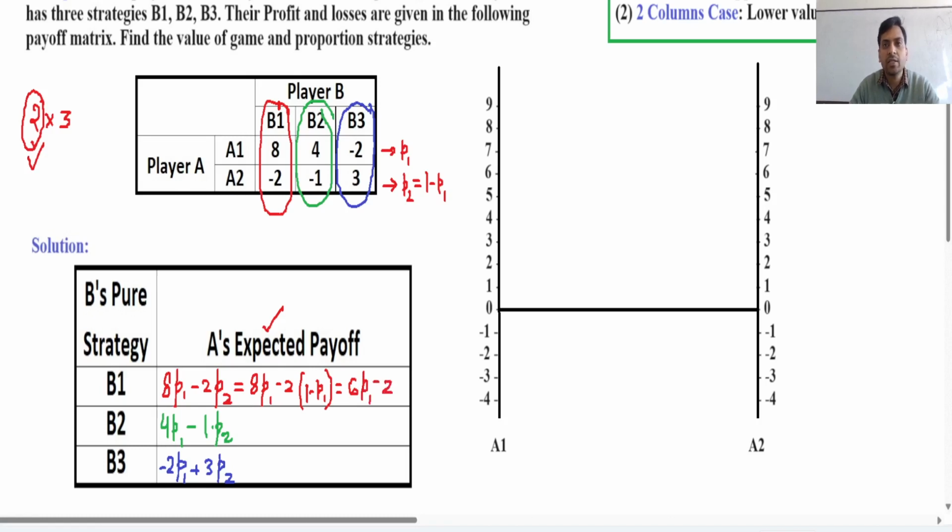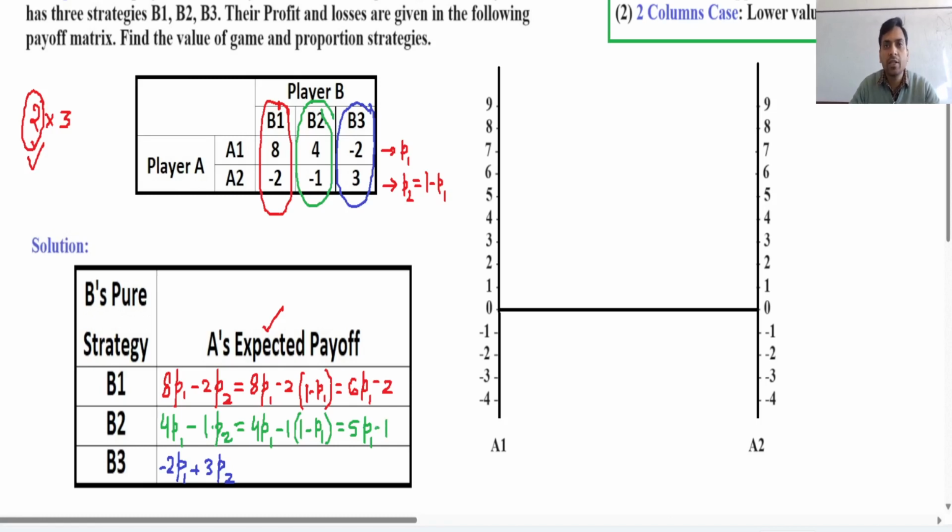For the second strategy, if we replace P2 by 1 minus P1, this is 4P1 minus 1 into (1 minus P1), so this becomes 4P1 plus P1, which is 5P1, and minus 1 into 1 is minus 1.